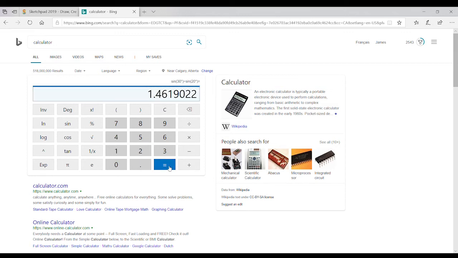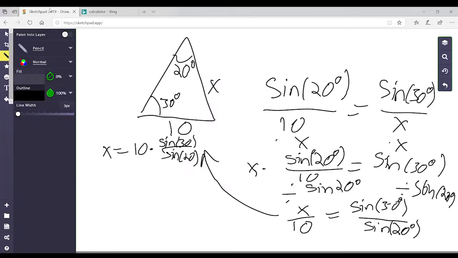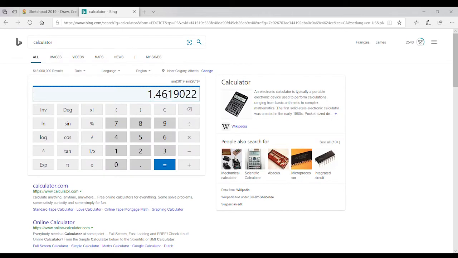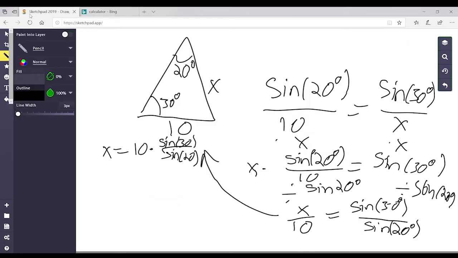So that will get you 1.461. Well, let's round it to just 1.46. So we get 10 times 1.46 equals x. So then we get x equals 14.6. Okay, so we know that this side is going to be 14.6.